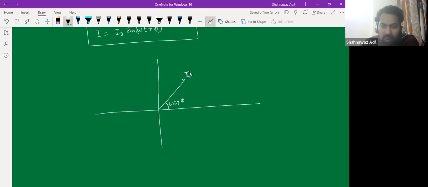So, what would be the voltage in the LCR circuit that would be with the same phase as the current? What would be the voltage in the same phase?